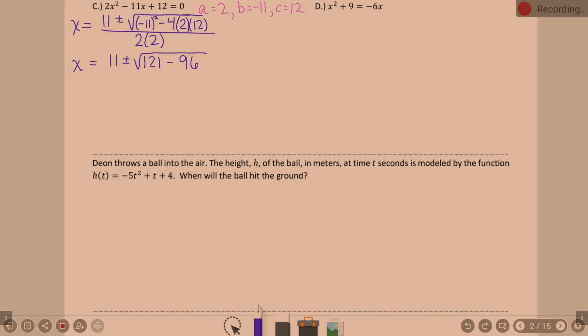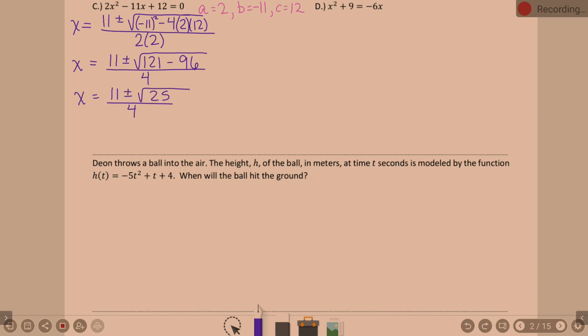Minus 96 all over 4. Okay, continue. 11 plus or minus 121 minus 96 is 25, isn't it? Yeah. Okay, so we have 11 plus or minus the square root of 25 all over 4.